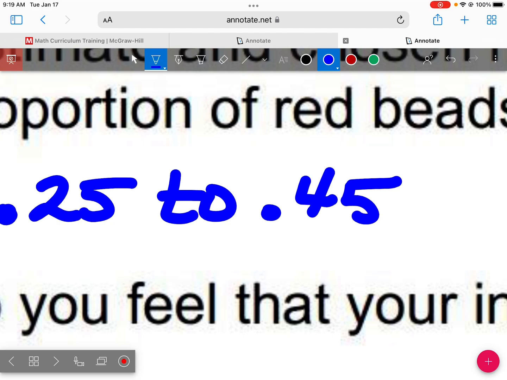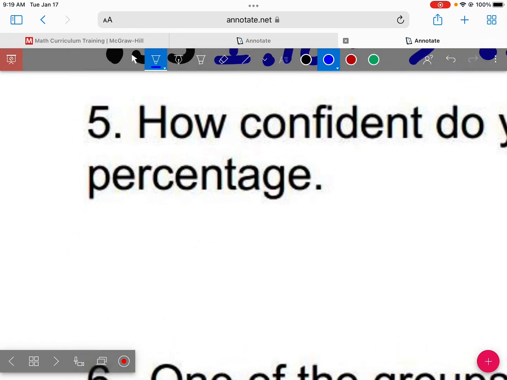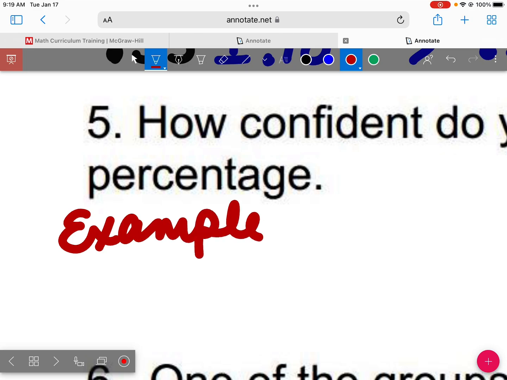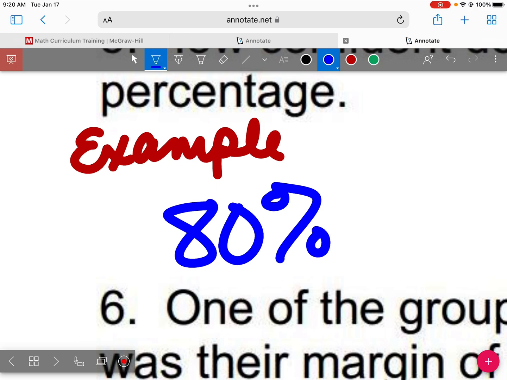You have to decide how confident you feel. Just as an example, we'll talk about how to actually come up with this value later on. There will be a way that we can say, I am this percent confident that we have captured the true proportion. But with 80%, we're just ballparking, just a gut check feel right now.